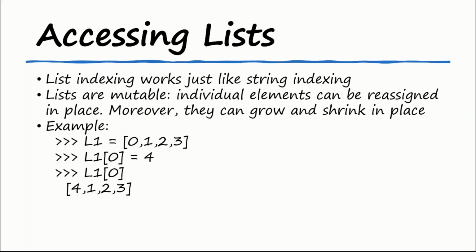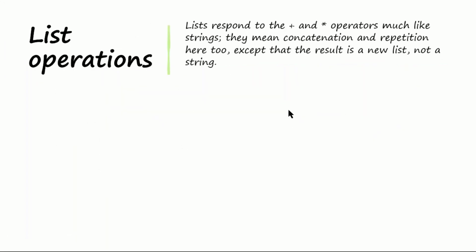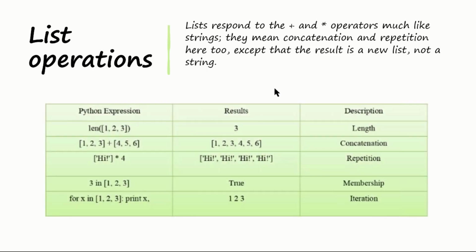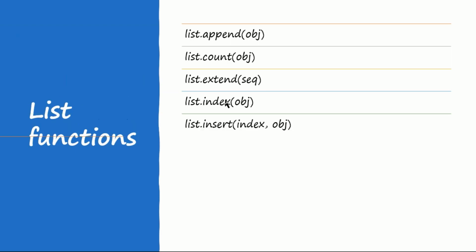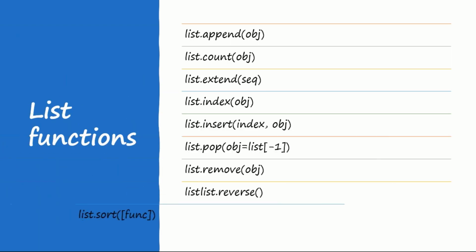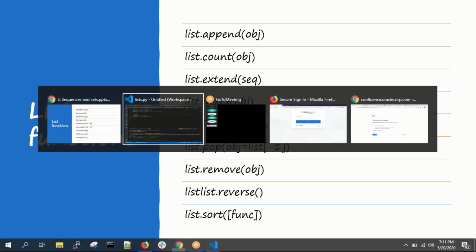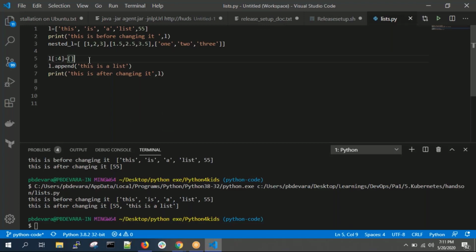Let's see what all operations we have. Over here we completed append. Append means we are just adding an object to the list. So over here I have added the object to a list.